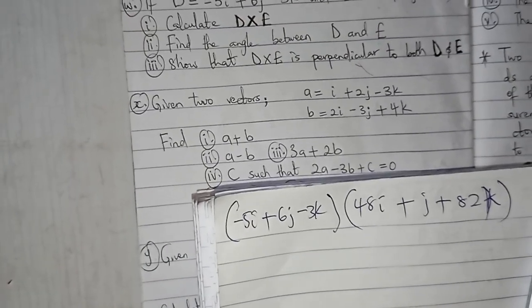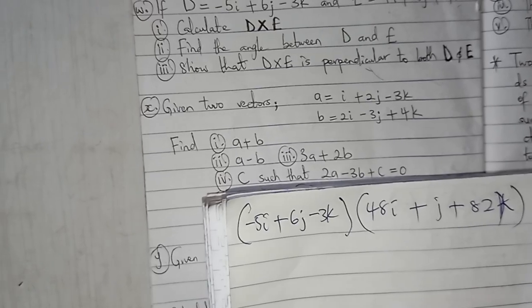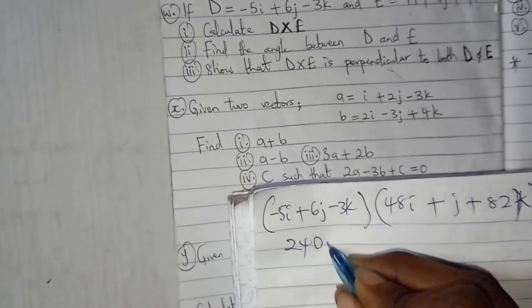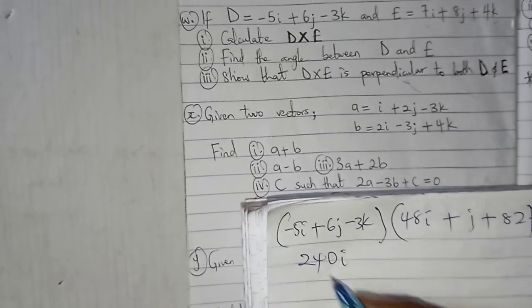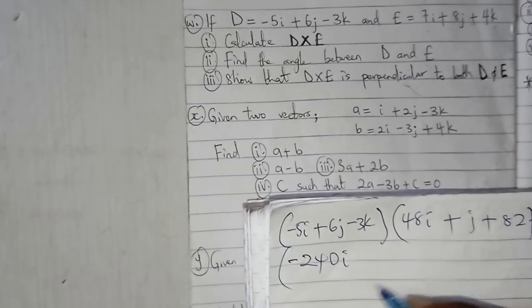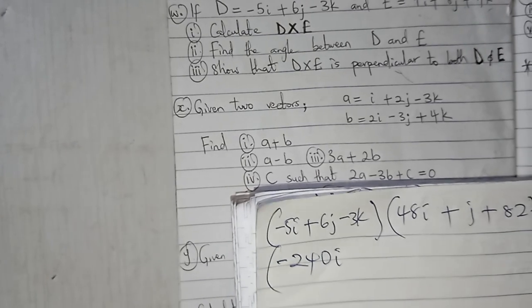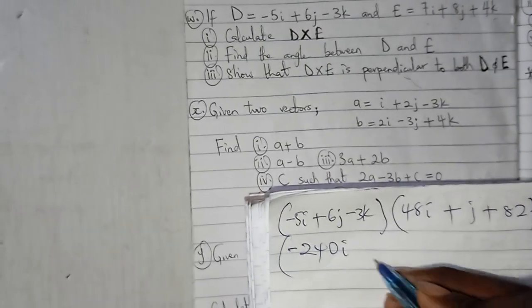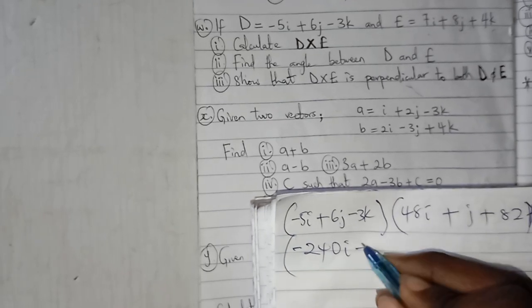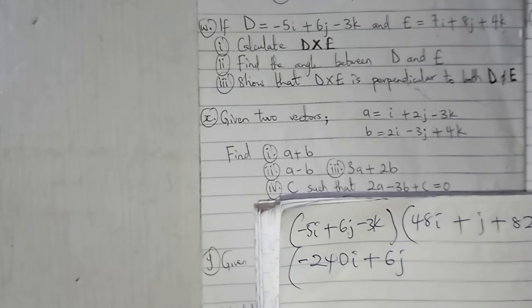5 times 48, 240I, that is I and I now times, and it is minus. Now 6 times 1J is going to be plus 6J.